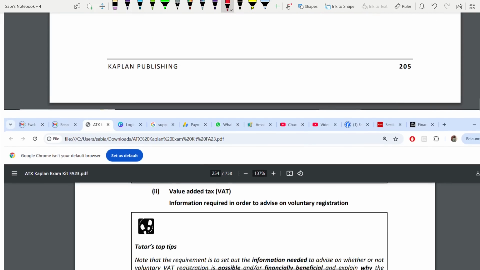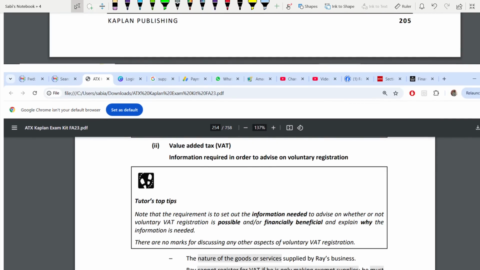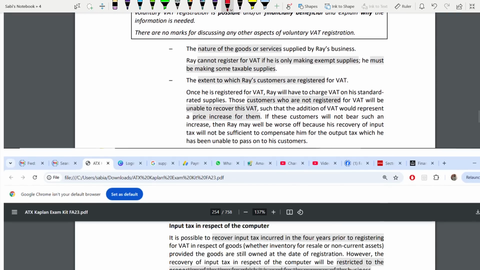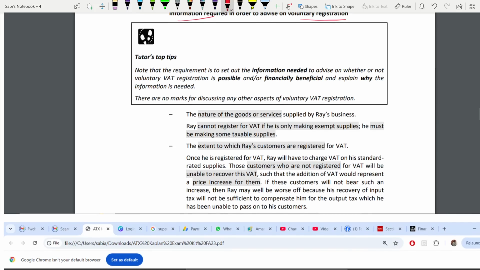Now moving on to the second part, that's VAT. The first part of VAT is the information that is required for voluntary registration. If you see, there are two things.